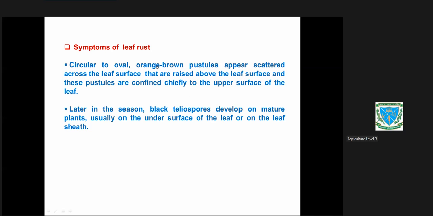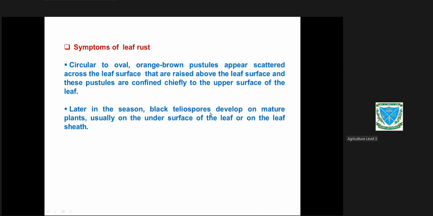This orange brown pustule turns into black pustules because of the production of teliospore. So you see the orange brown pustules appear on the leaf, but this pustule turns into black.